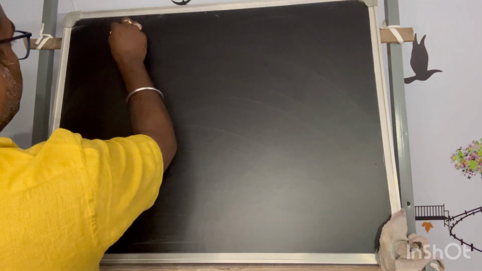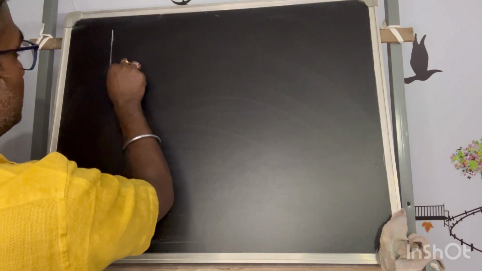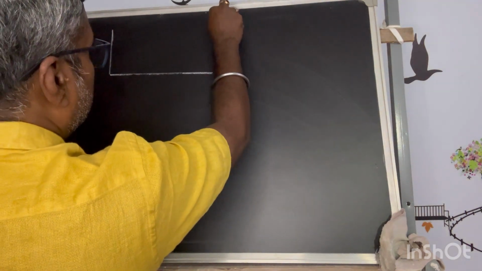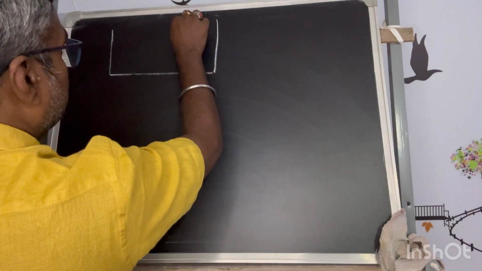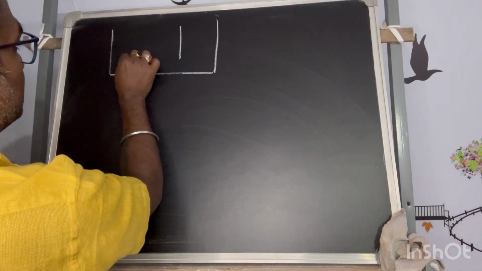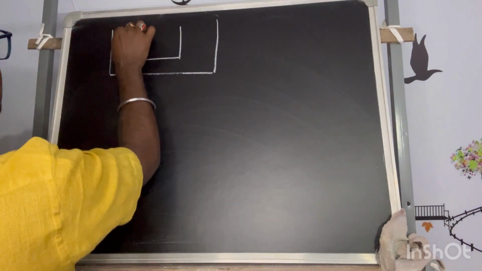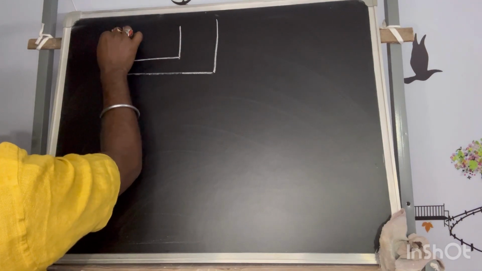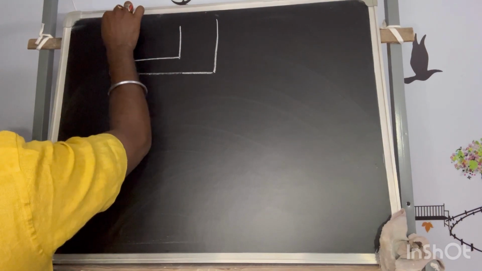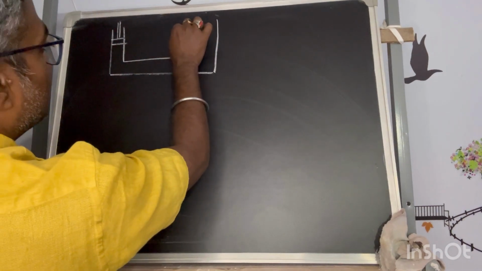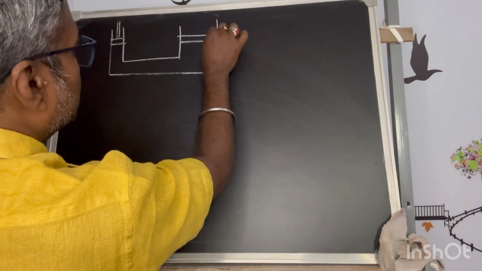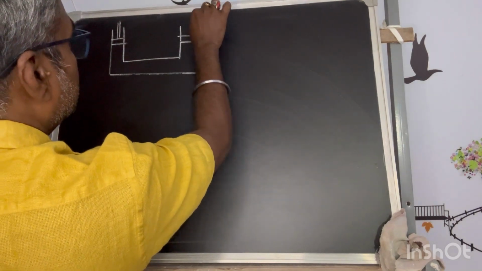In the hydraulic lift, there is an arrangement where if I put a small force at one arm of the system, I will get an increased force due to the increased pressure in the system.